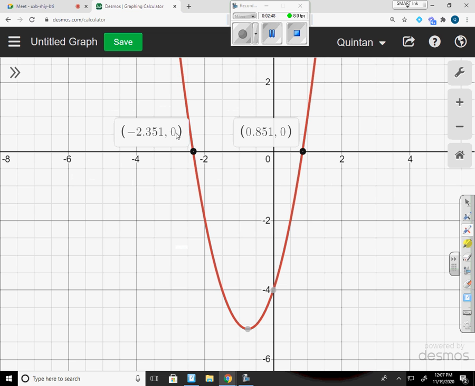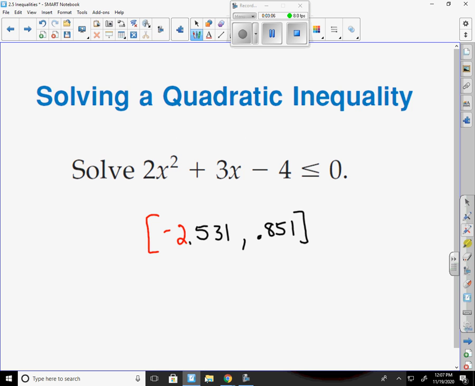And so if I don't specify how I want you to solve that, this is a great method to do it, because I can just plug my equation into the graphing calculator, find where it's equal to 0, and then this whole area is where it's less than 0. Everyone good with that part? Not too bad, right?